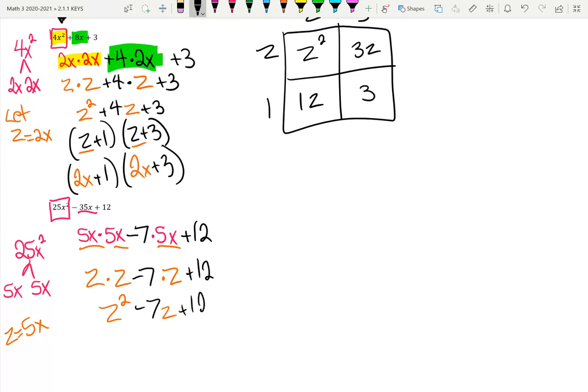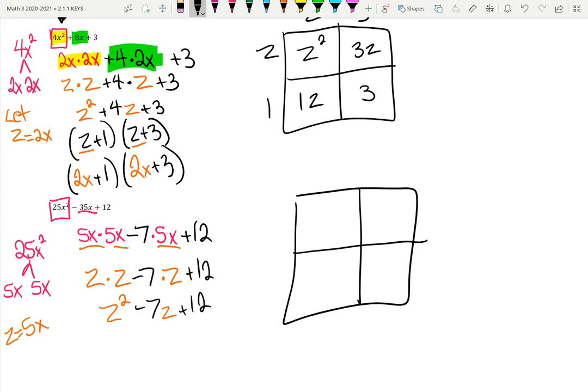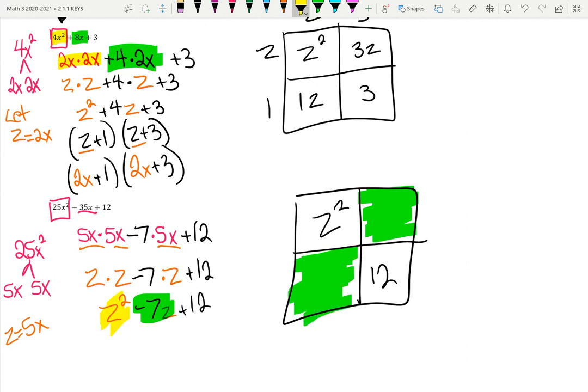I see a quadratic instantly. You should want to factor it. I put my z squared, I put my 12. I have to figure out how to get negative 7z in both of these regions. So let's ask ourselves, what numbers multiply to be z squared?